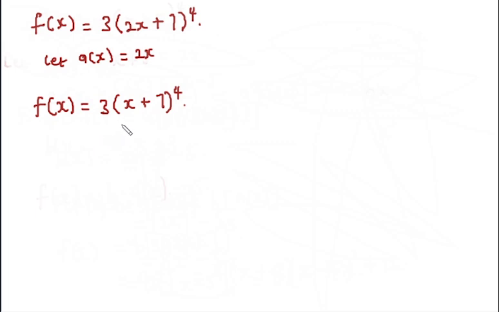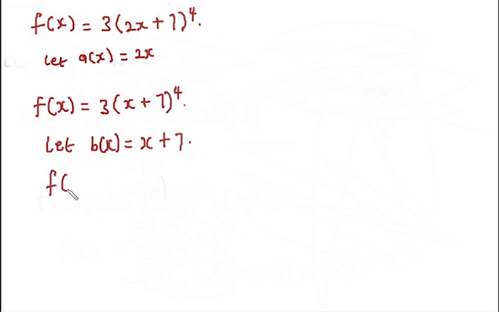So at this point, the next operation on x is x plus 7. So we are going to be saying, okay, let b of x is equal to x plus 7. Okay, so we are going to be replacing x plus 7 with x.